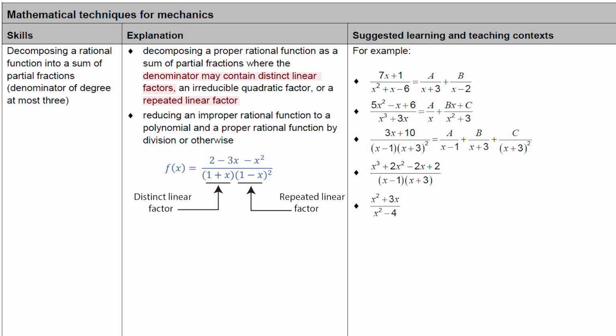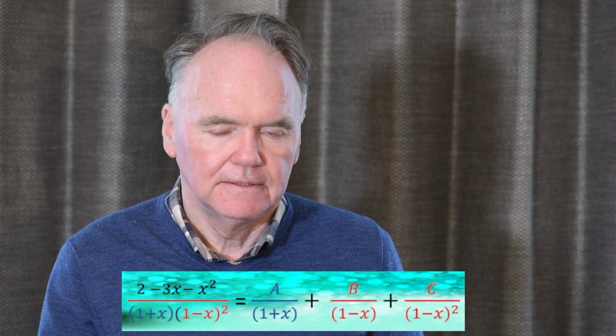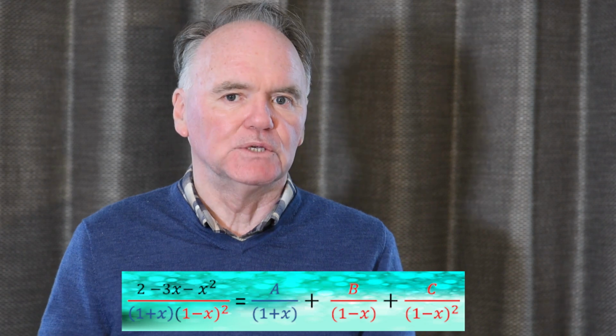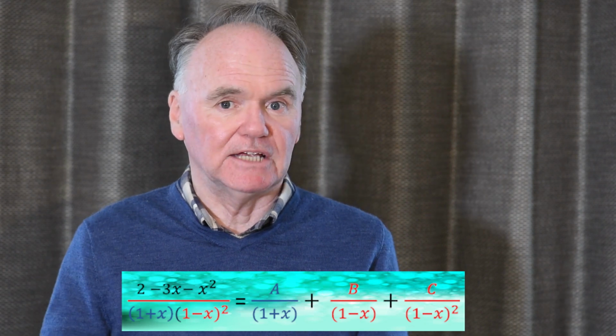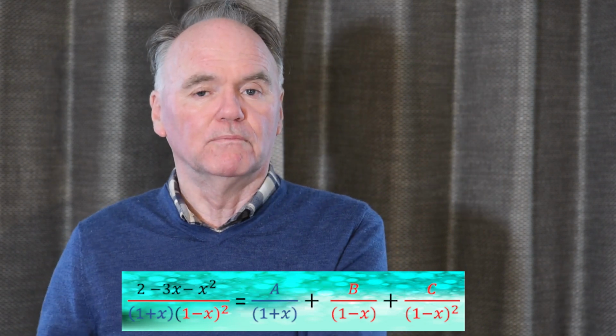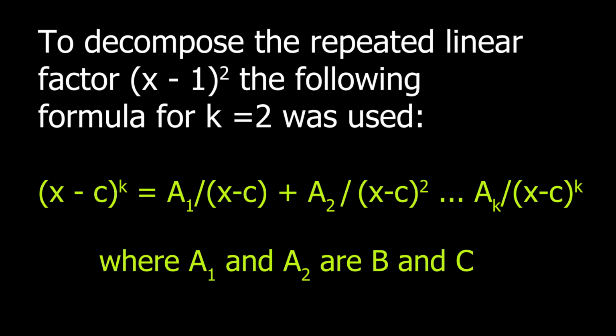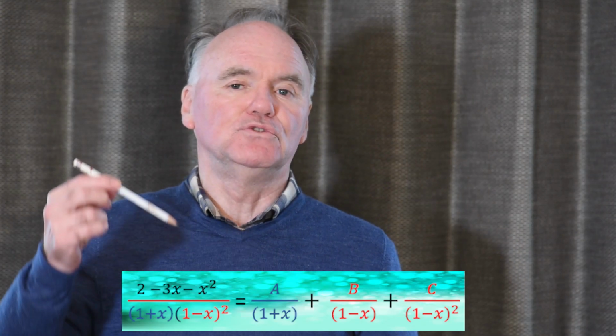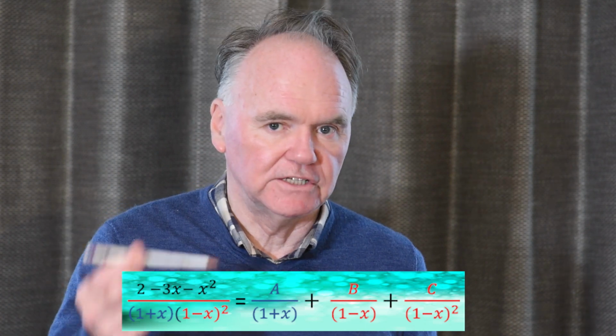But we've also got a repeated linear factor, and that is 1 minus x. It's 1 minus x all squared. So it's squared, so we've got two of them, so it's repeated. Now that gives rise to two partial fractions in our answer.